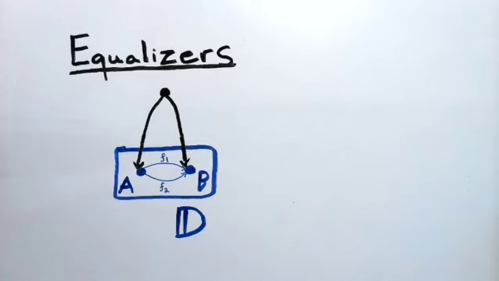But this time, with these parallel morphisms in place, first we need to have that our limit is a cone over this diagram.